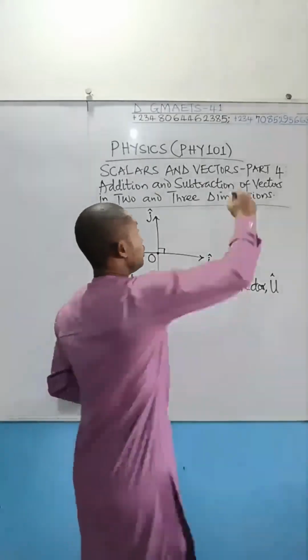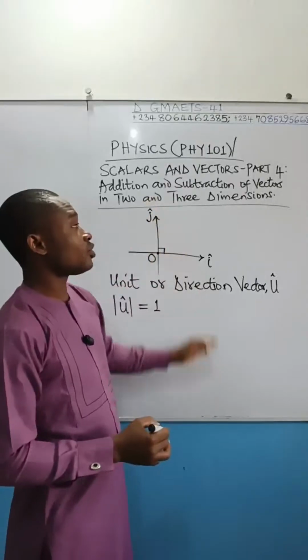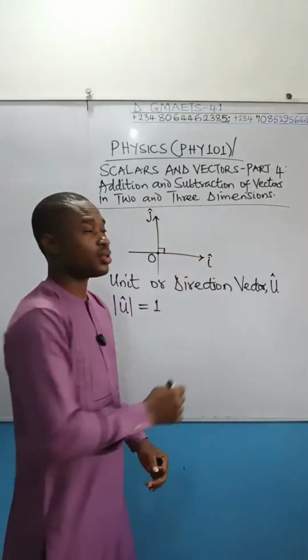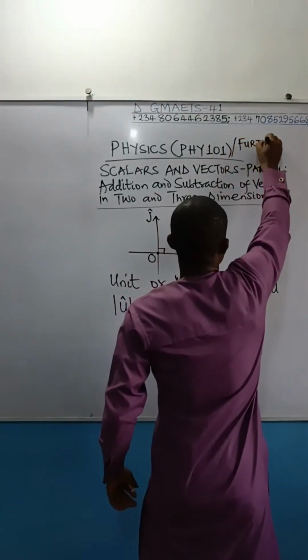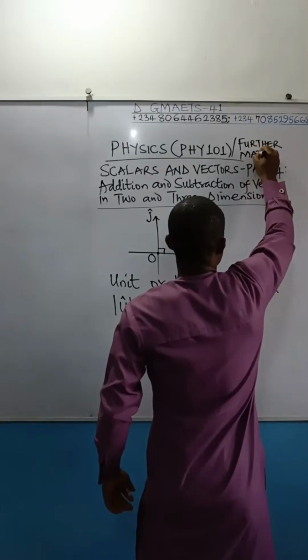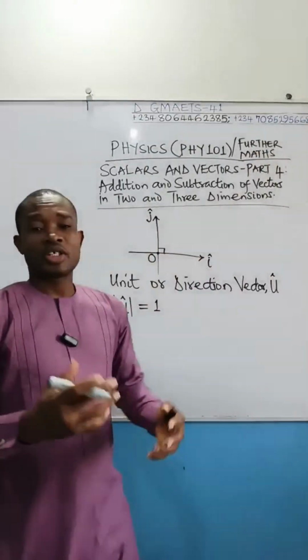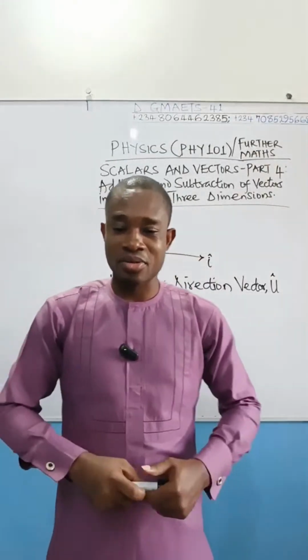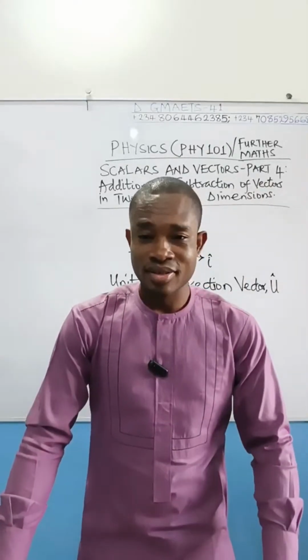By the way, let me indicate also that this topic, which I'm introducing in physics, is also encountered in further maths. This aspect of further mathematics stretches some parts of physics. That's why some part of physics appears in further maths.